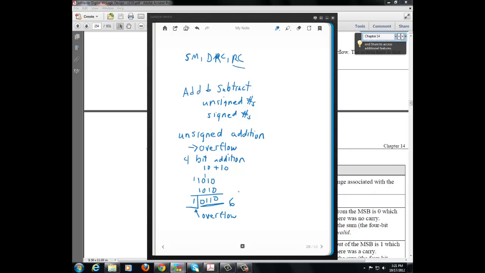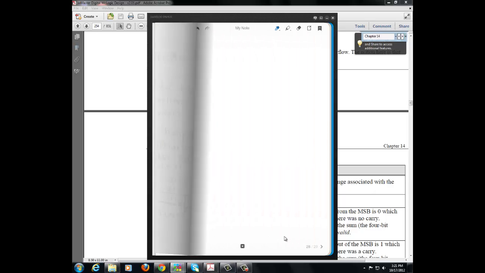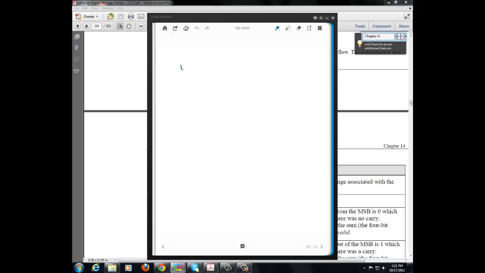Okay, so now let's look at 4-bit subtraction with unsigned numbers. When you're doing unsigned subtraction, which is kind of weird because you kind of have to use negative numbers to be able to subtract, we're looking for a condition called underflow.